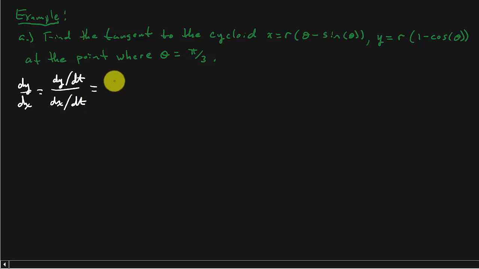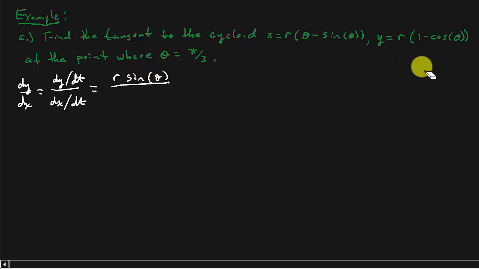Well, that's going to be r times what's the derivative of 1? 0, minus the derivative of cosine. What's the derivative of cosine? Negative sine, right? Derivative of cosine is negative sine; negative and negative make a positive. So that's sine theta.